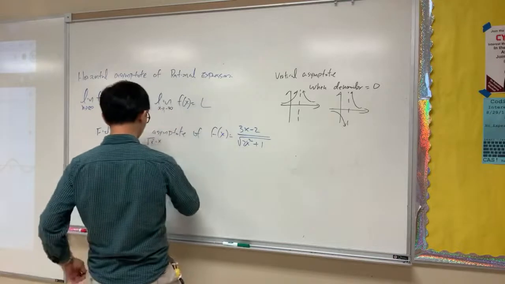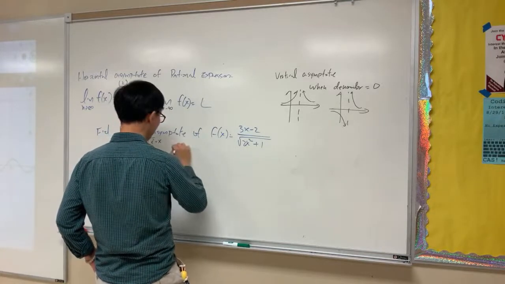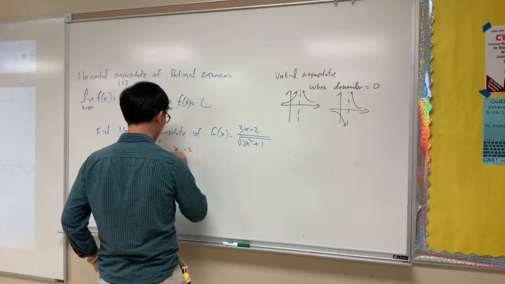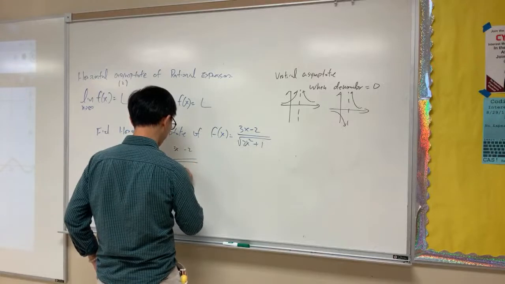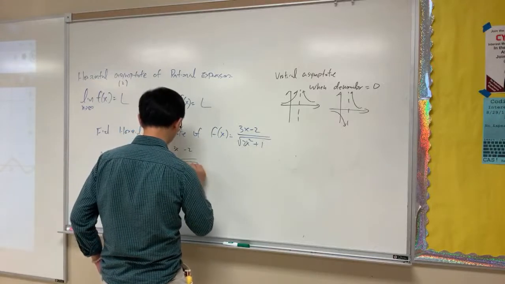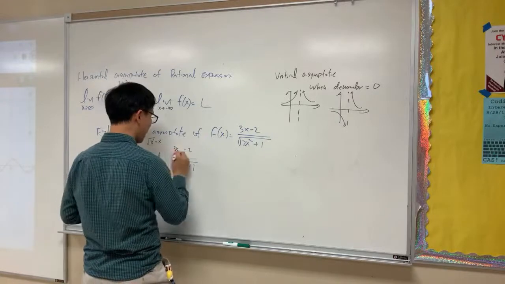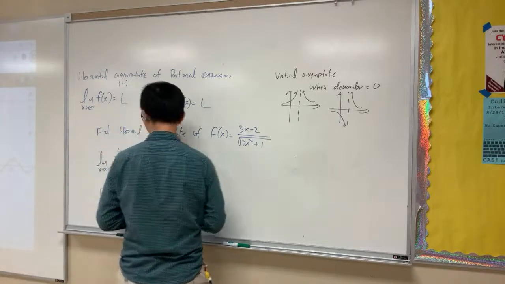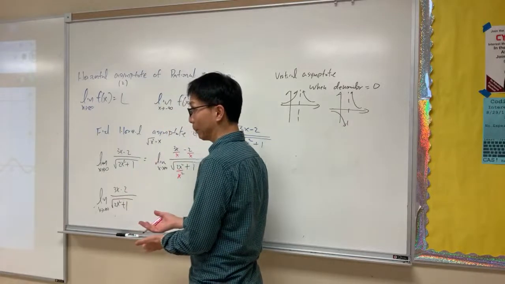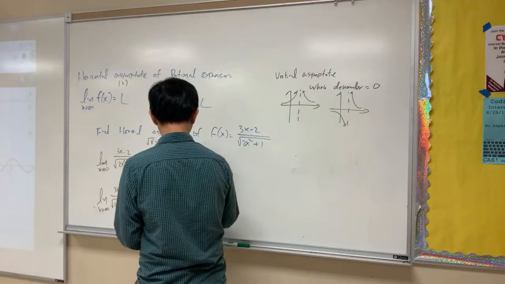I'm going to say limit as x approaches infinity of 3x minus 2, and we know it's divided by x, over the square root of 2x squared plus 1. We're going to divide this by x, but here we're going to divide by x squared because it's inside a radical. Does that make sense? Inside a radical, that means x squared.